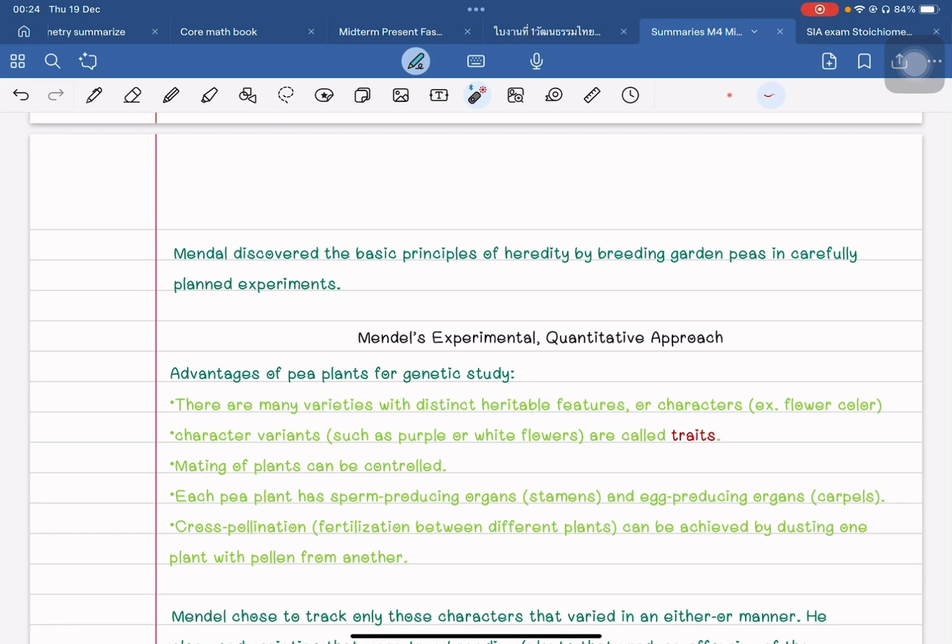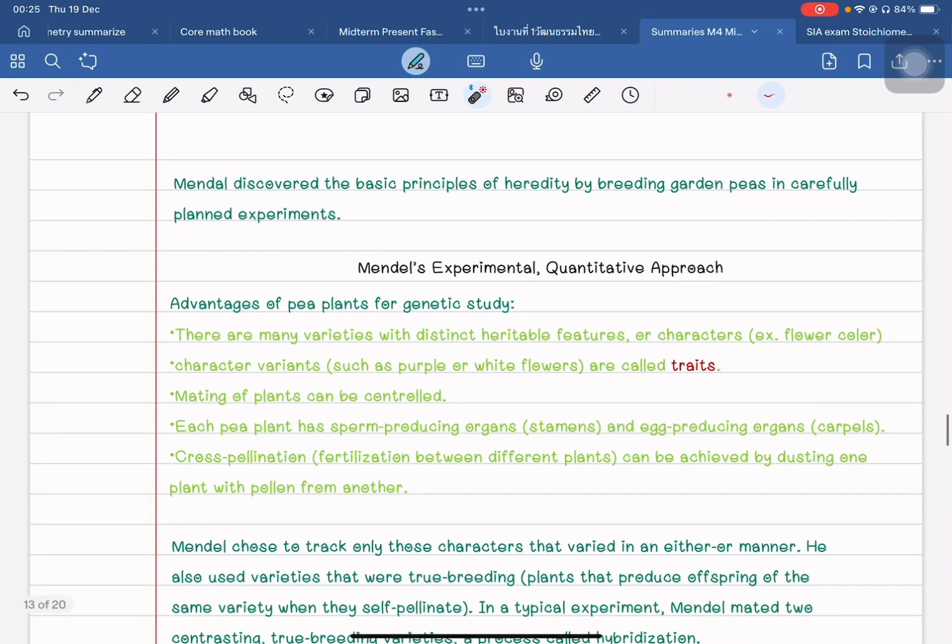Next, mating of plants can be controlled. Each pea plant has sperm-producing organs, which are the stamens, and egg-producing organs, which are the carpels. Cross-pollination can be achieved by dusting one plant with pollen from another.